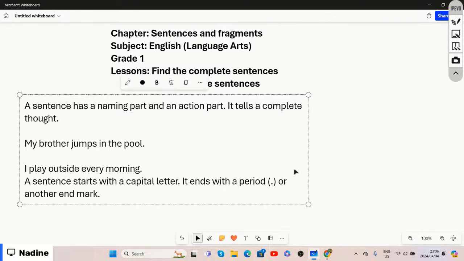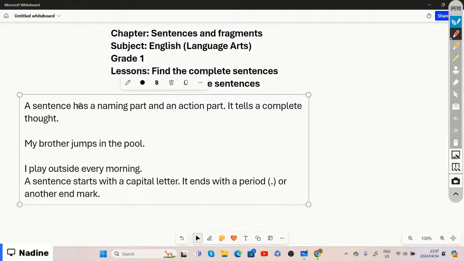When it has both, we say that it is a complete sentence. The naming part is a noun; it tells us who or what is doing something.